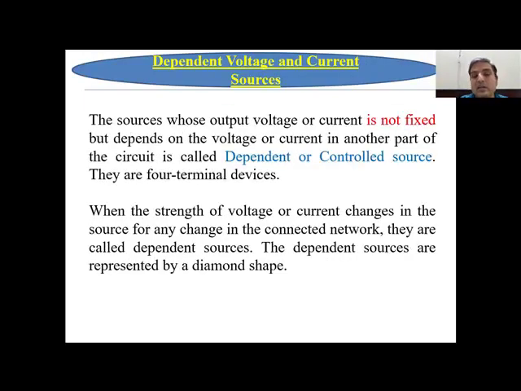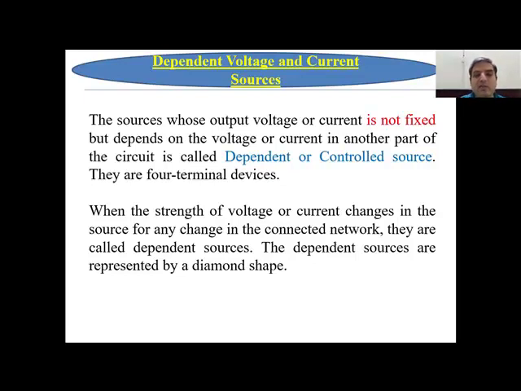Our main concern now is the dependent voltage and current sources. Dependent voltage and current sources are devices whose values are not fixed, and that value is dependent on any other quantity in the circuit, either any other voltage in the circuit, on the input side or output side. Similarly for the current source, whose current value depends on the current or voltage available on either the input side or output side.